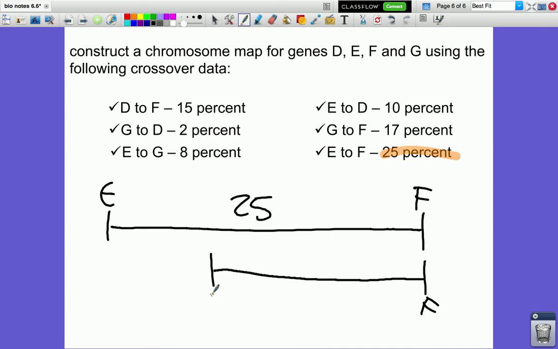We're not actually measuring this and we're not going to really worry about that when it's all said and done. But G is going to be 17 map units away from F.